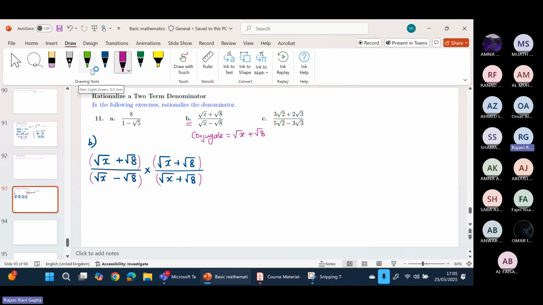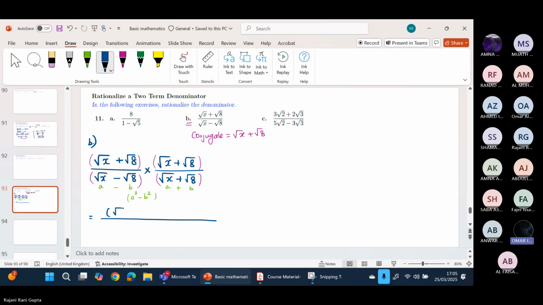Then multiply. So down you see this is A, this is B. This is A, this is B. Here with minus, here with plus. So we will use the rule A square minus B square. This is for the denominator. So let's keep the numerator same.